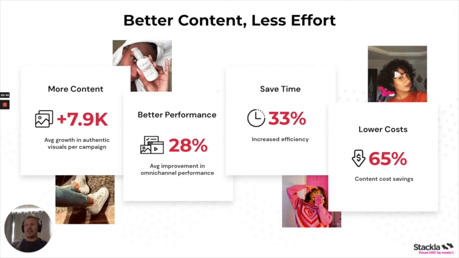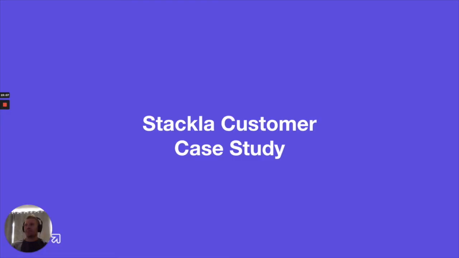That content tended to perform about 28% better than the traditional content they'd used. On average, our customers believe it saved them about 33% of the time that it would spend to otherwise arrange for the creation of that content. And they also saw, on average, a 65% reduction in their content creation costs. So when you combine all that together, there's a pretty compelling proposition there for utilizing Stackla for UGC.